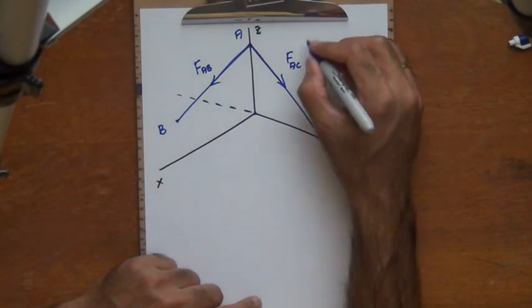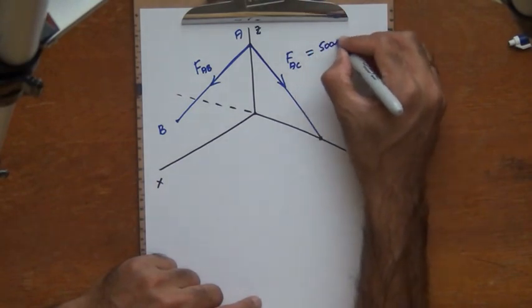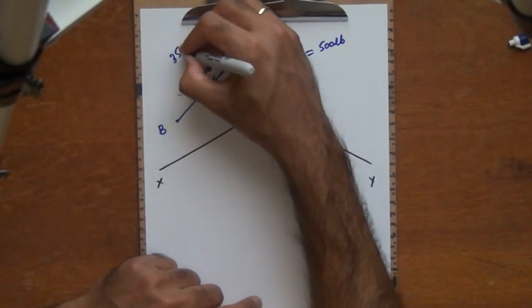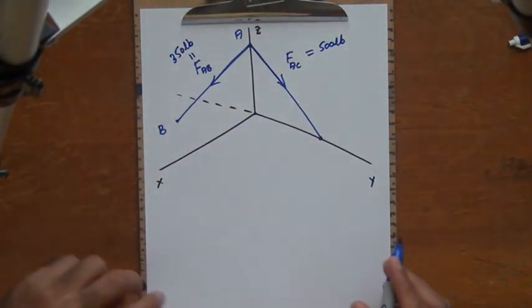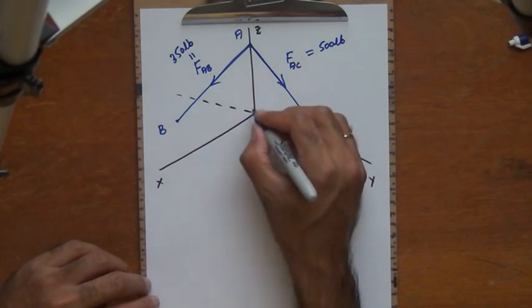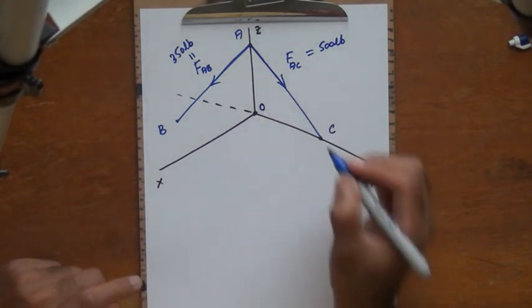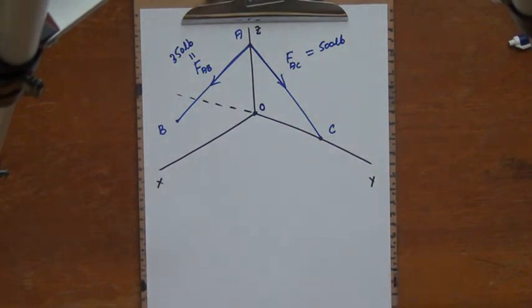And FAC has a magnitude of 500 pounds, and FAB has a magnitude of 350 pounds. And here is the point C, here is the point O, the origin, and we have some distances which were given to us in the previous page.